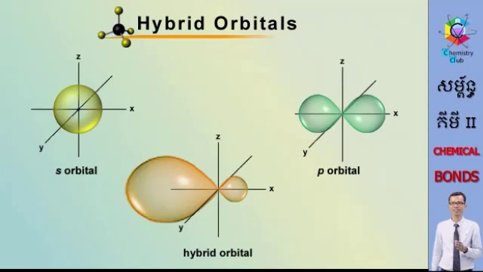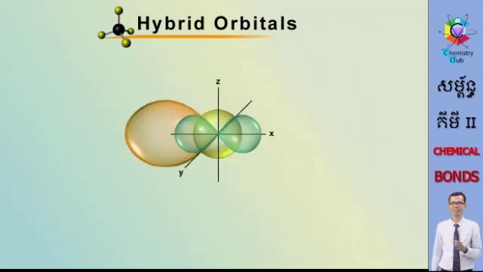For simplicity, the smaller lobe is generally not included in drawings of hybridized atoms. The larger lobe extends farther from the nucleus than either the s or the p orbitals. Because of this, the hybrid orbital can overlap more efficiently with orbitals in other atoms, leading to more stable bonds than those made solely with s or p orbitals.